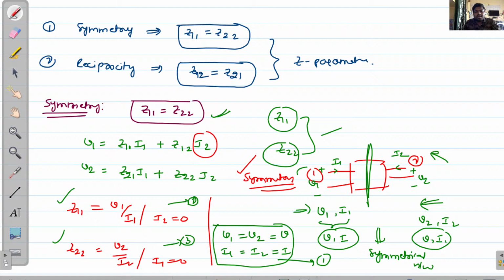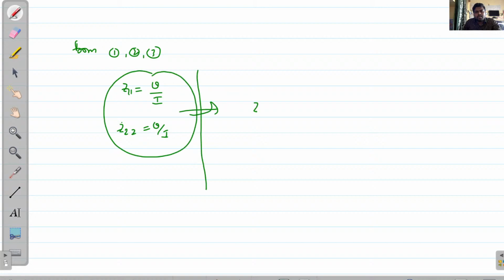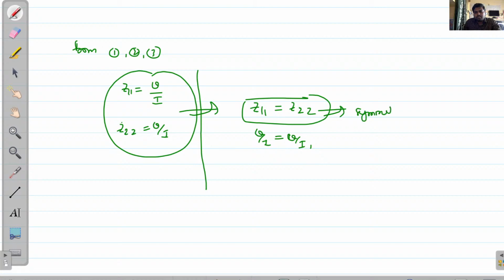Now, from 1, 2 and 3, Z11 equals V by I, and Z22 is also V by I. If you observe these two expressions, Z11 equals Z22, that means V by I equals V by I. So our condition is satisfied and verified. This is your symmetry condition proof.